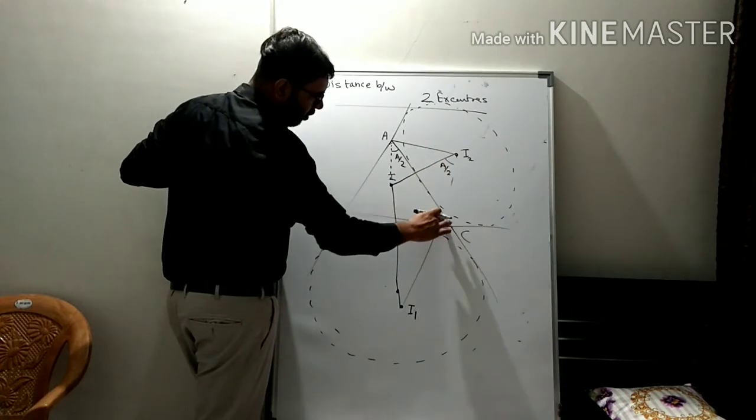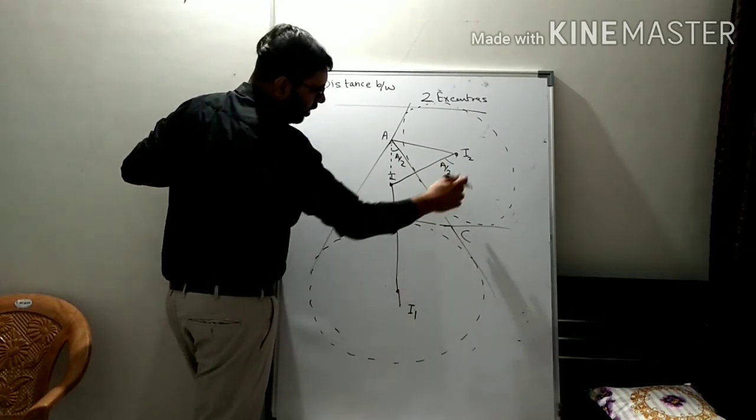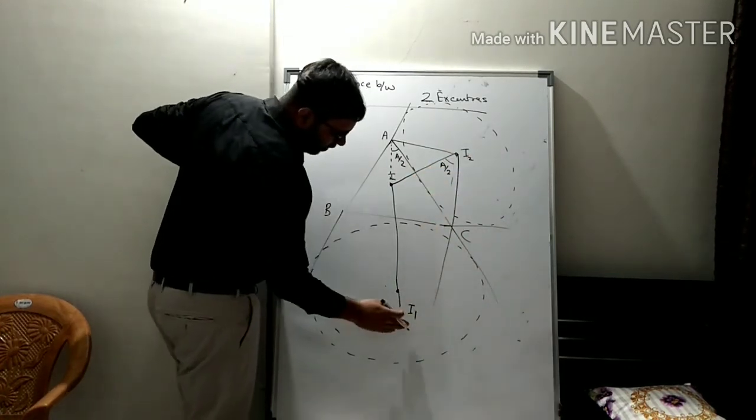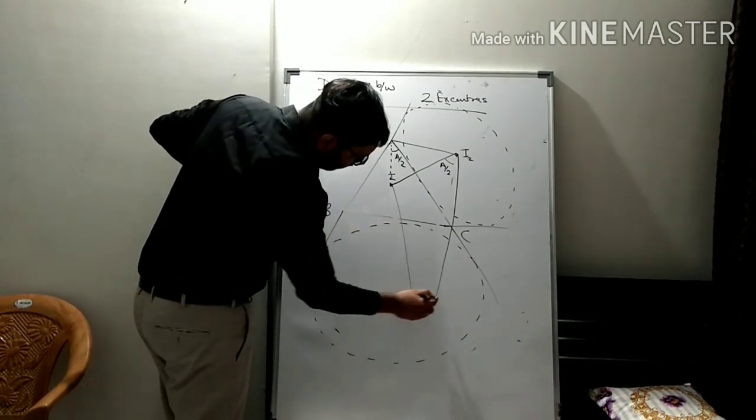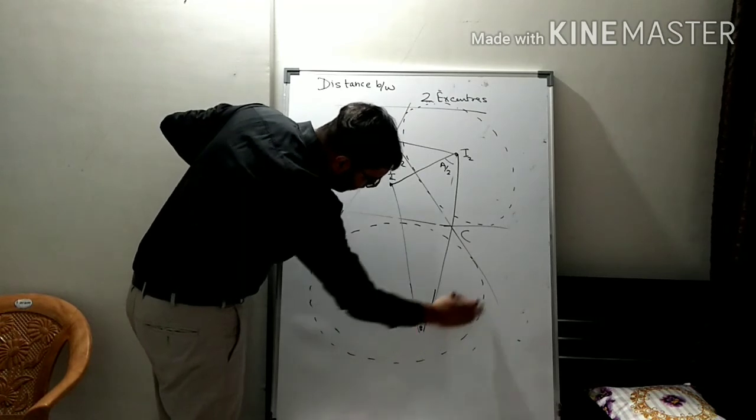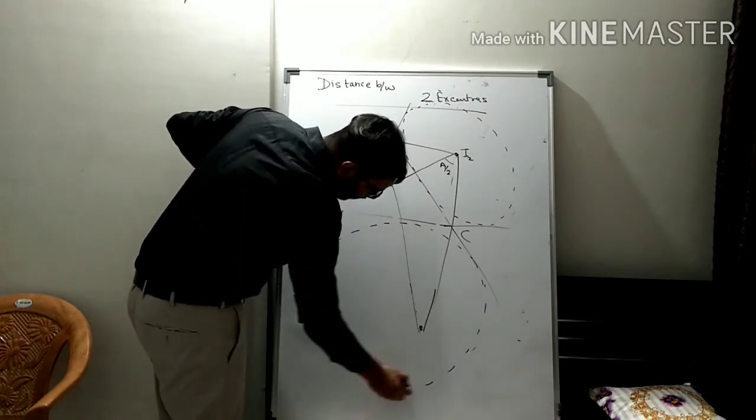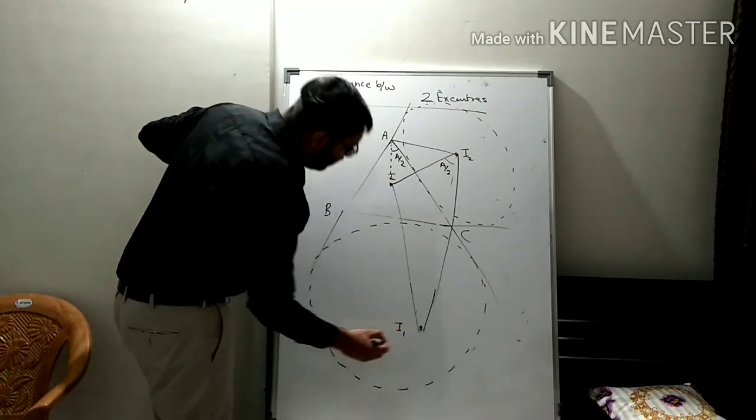Sorry, the diagram is not proper. Pass through like this. This point is I1.